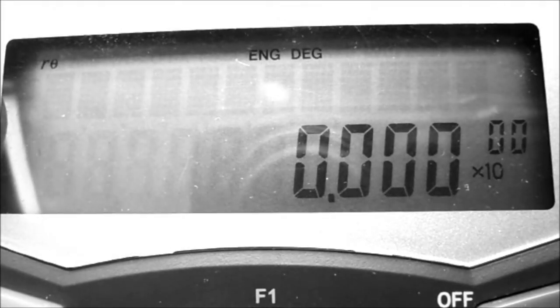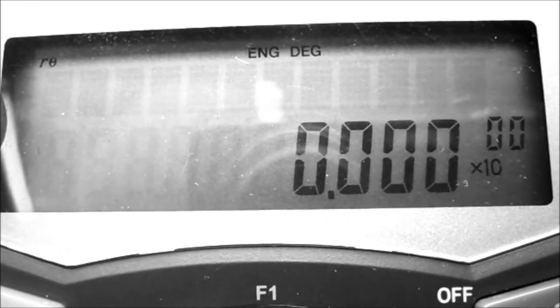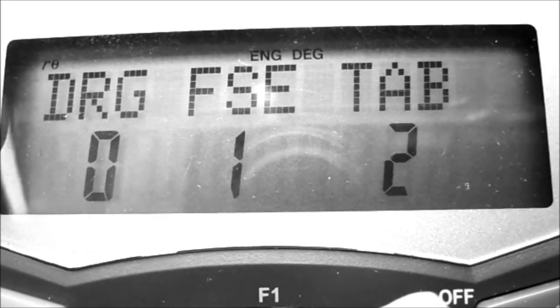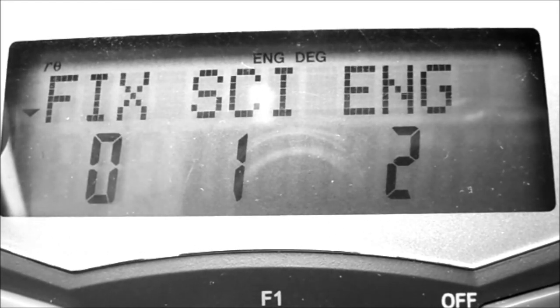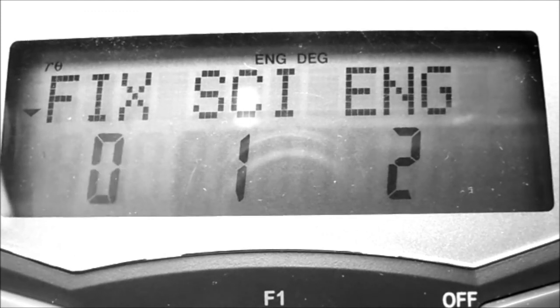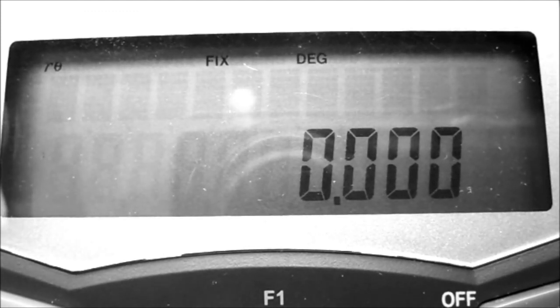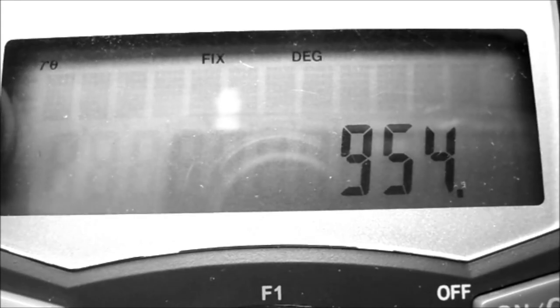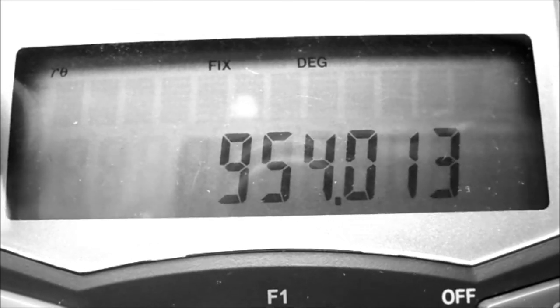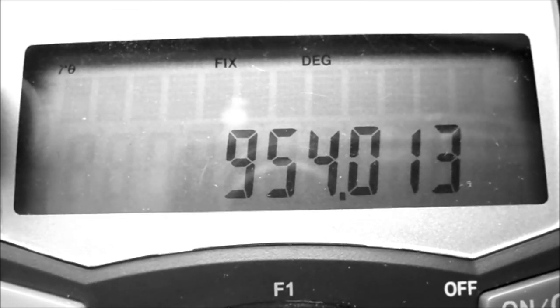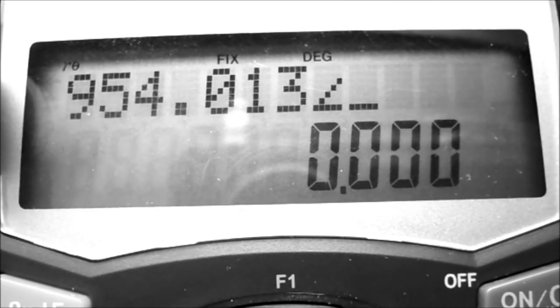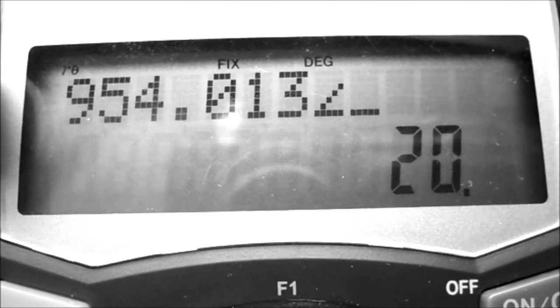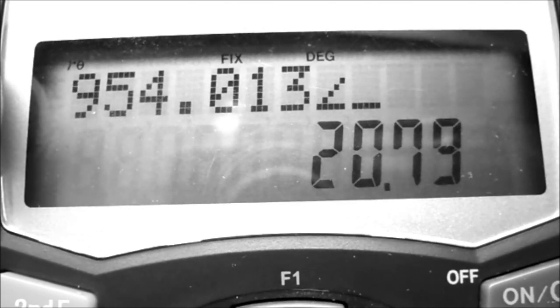On my calculator, what I'm going to do is press Setup, press 1 for FSE, and I want it to be fixed, so I'm going to press 0 for fixed. Okay, so I'm going to type in my 954.013, and it's going to be at an angle of 20.79, and press the plus minus button.